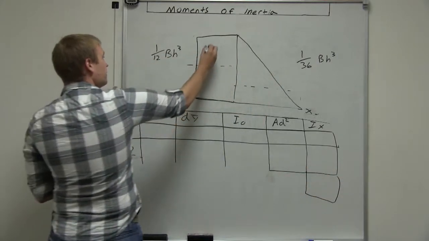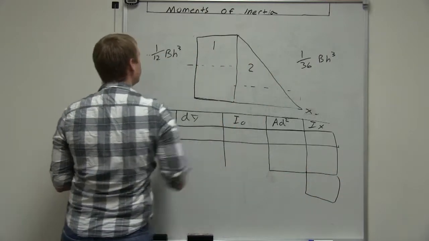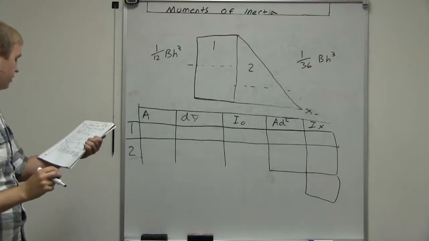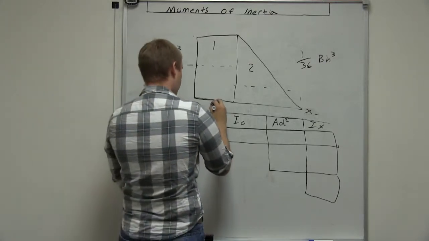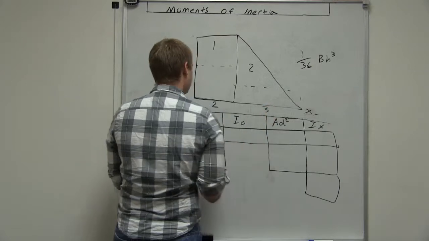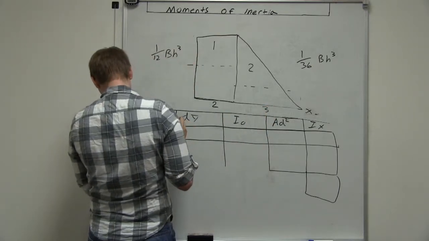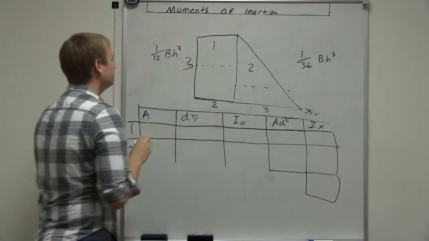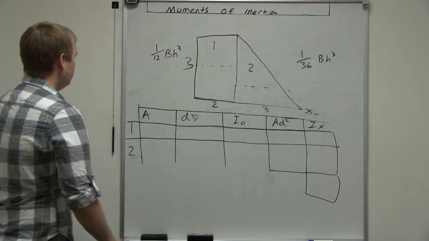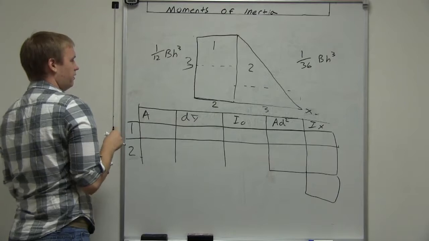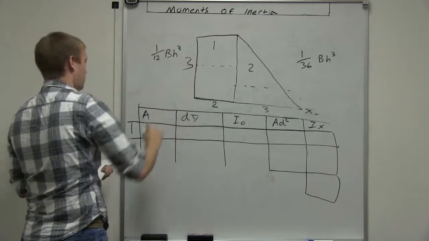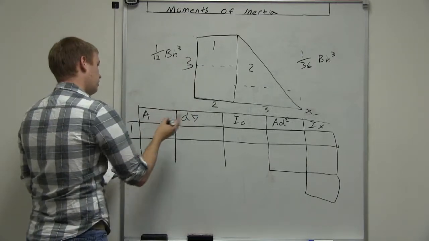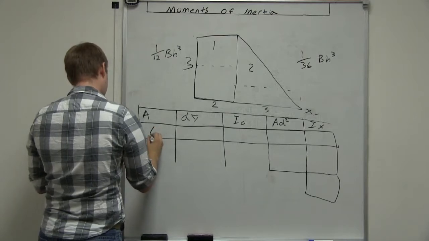Okay, so I'm going to label this one 1, I'm going to label this 2, and now before we can do anything, we need distances, so that's 2 and that's 3, and then say it has a height of 3. So the area of this first rectangle is 2 times 3, so that's 6.